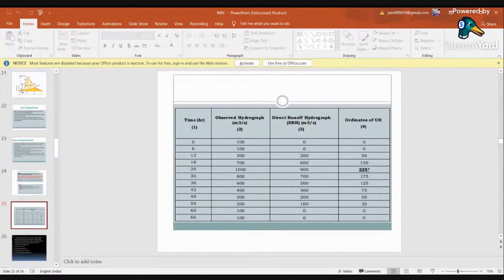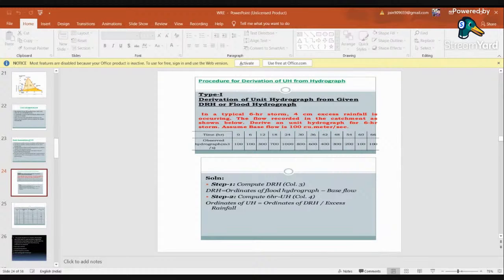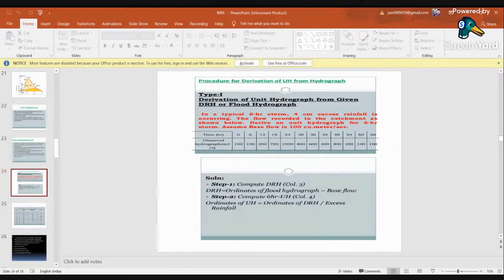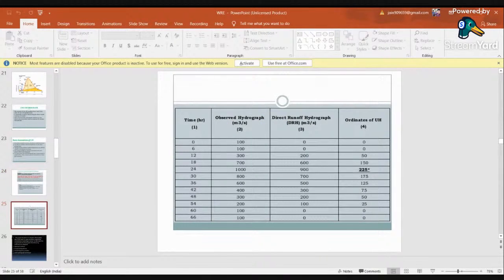First of all, what we will do? We are given the time and observed hydrograph ordinates. We will plot this. Okay, and we are given the 4 centimeter excess rainfall data. So the direct runoff hydrographs are given to you.